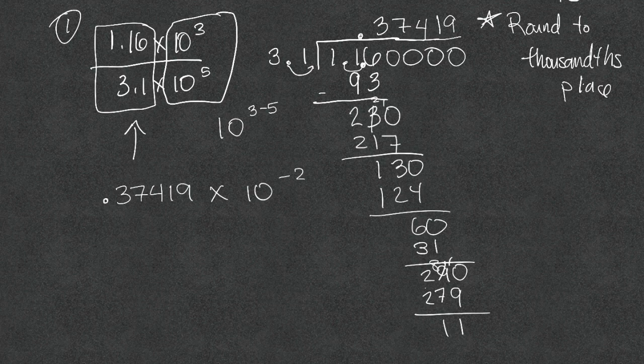However, we're not done, because if you remember, scientific notation absolutely needs to have this first part between 0, so in other words, it needs to be greater than 0, okay? But it also needs to be less than 10.